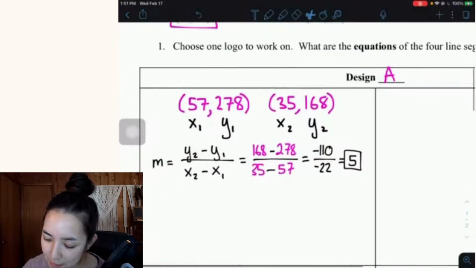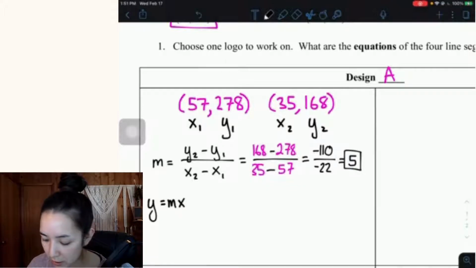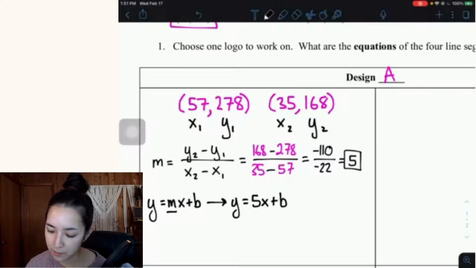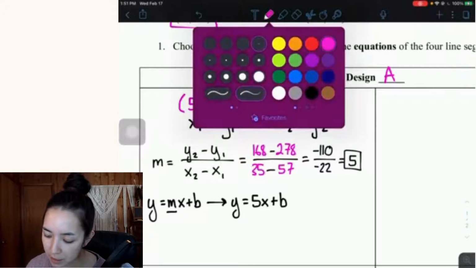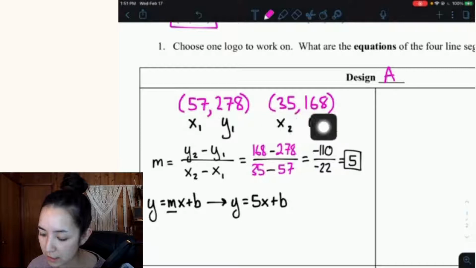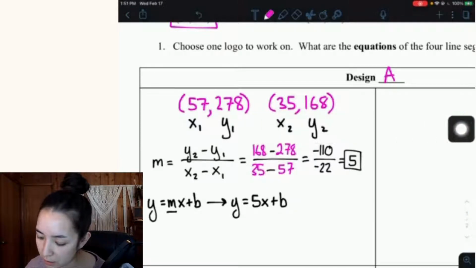The next step is to plug m into our equation. So instead of m, I'm going to use 5, because 5 is our slope. Then I'm going to pick one of these points to use again. Doesn't matter which one I pick. I'll just pick the second one, 35, 168.